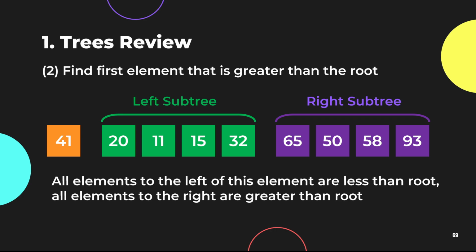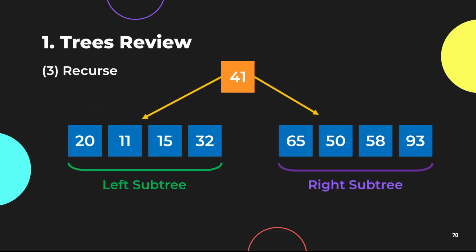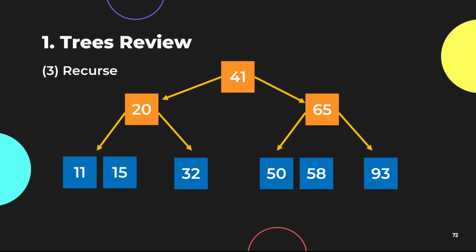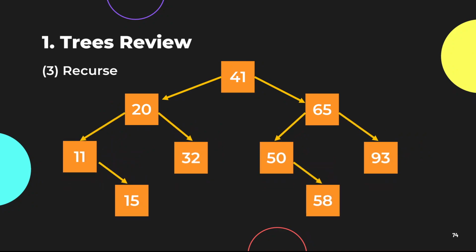So in this case, we are going to do more of a linear search to find the first element that is going to be part of our right subtree. Once we know which parts are less than 41, which parts are greater than 41, this is some sort of partitioning, then we are going to recurse, doing the same thing until we get this binary search tree.